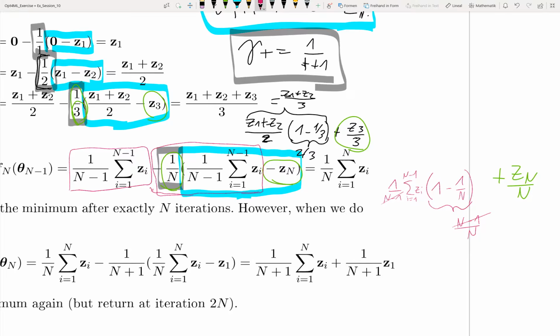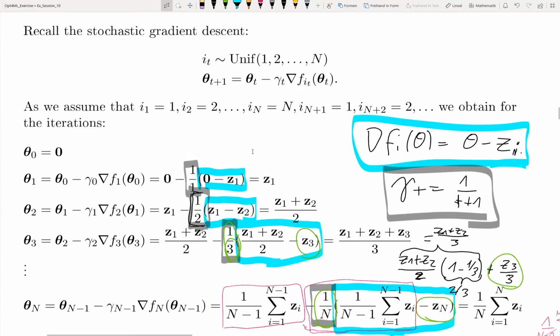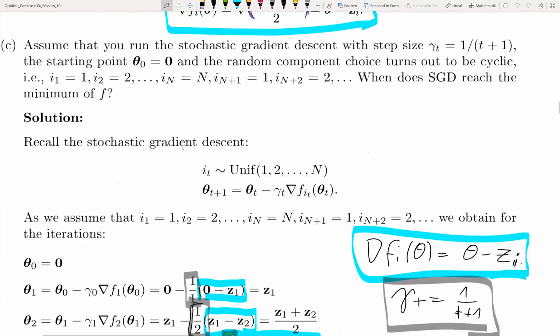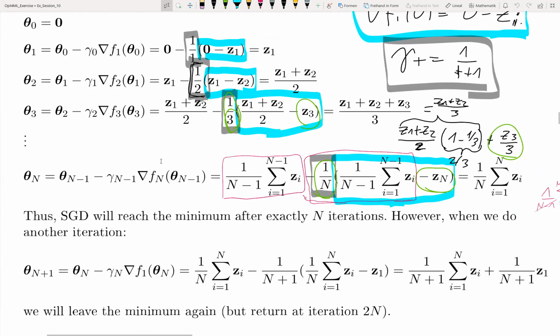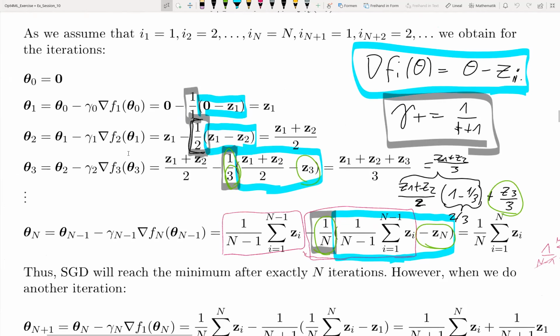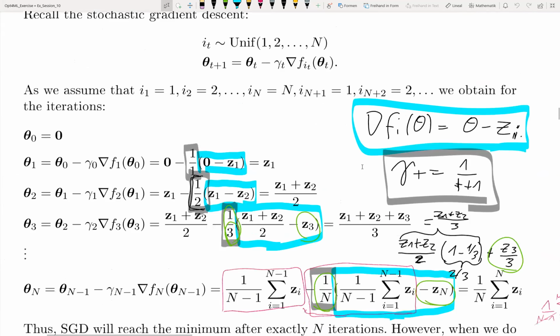So after exactly n many iterations, the stochastic gradient descent ends up there, if we have, of course, this lucky choice of the components. But actually you can show, this is only making the notation a bit easier when we have this cyclic structure.